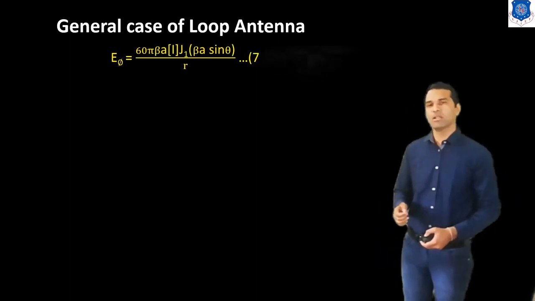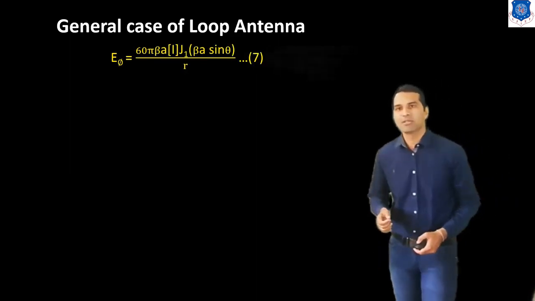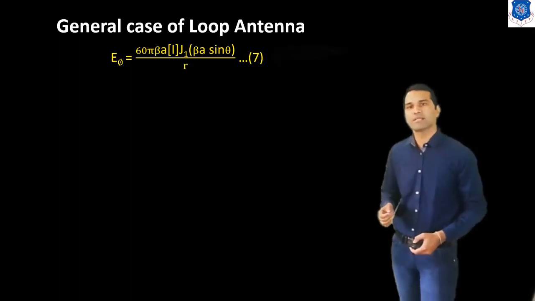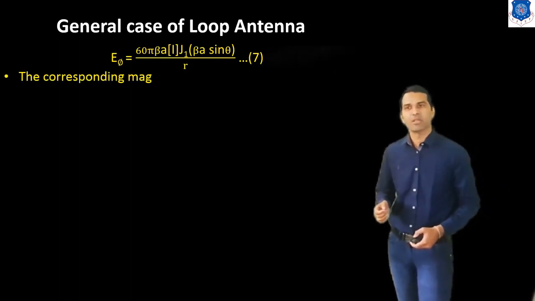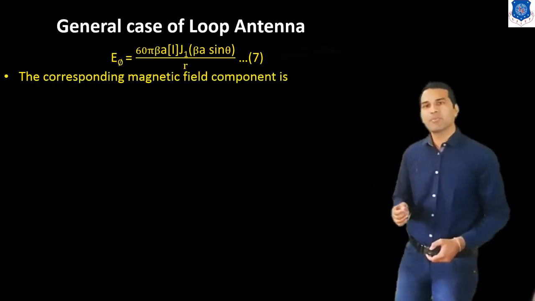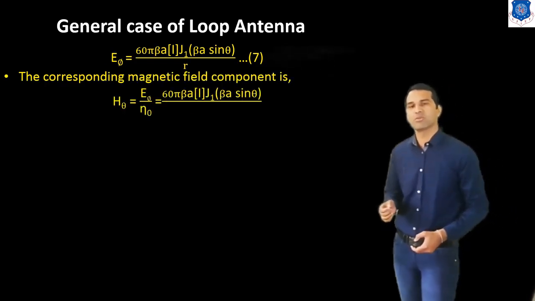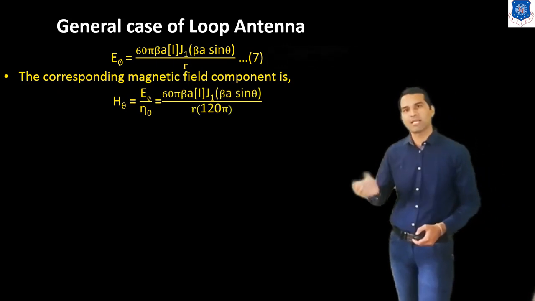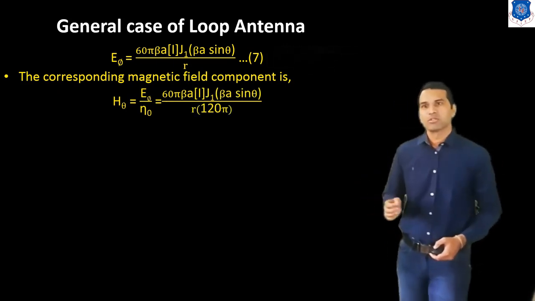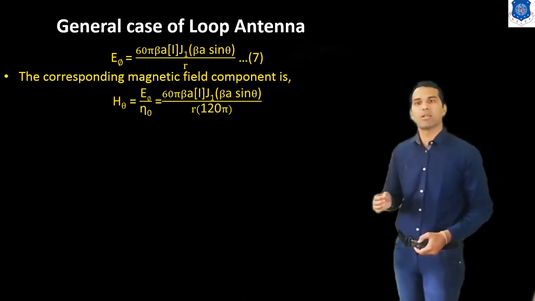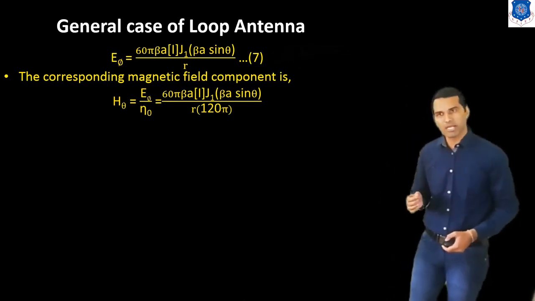So when we solve, we get E phi equals 60 pi beta A I J1 beta A sin theta by r. The corresponding magnetic field component is H theta. We know the relation between the magnetic and electric field components, so H theta equals E phi upon eta 0, and the value of eta 0 is 120 pi.